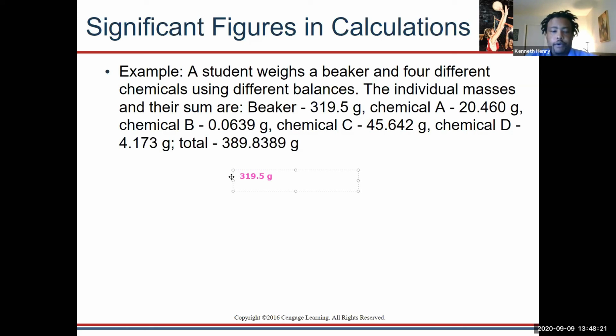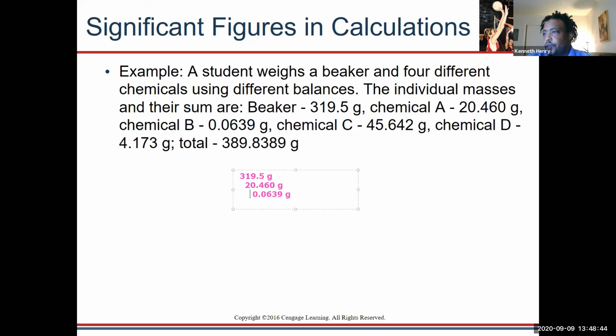For chemical A, it's 20.460 grams. For chemical B, it's 0.0639 grams.